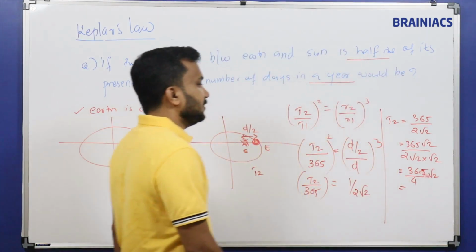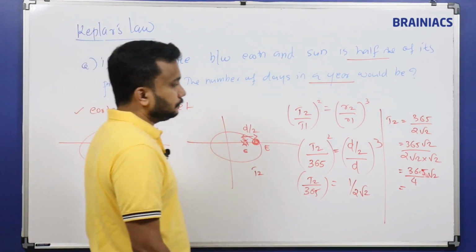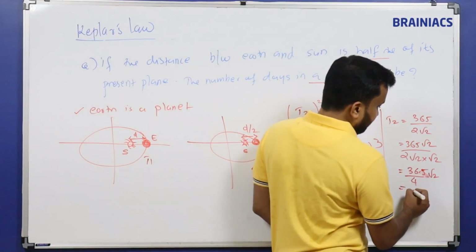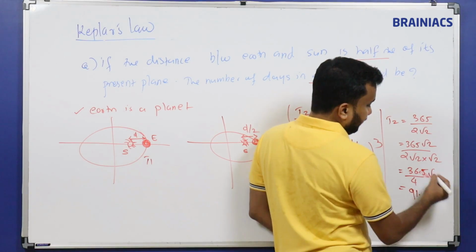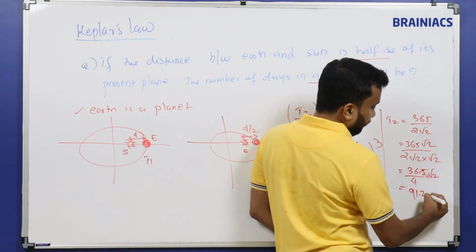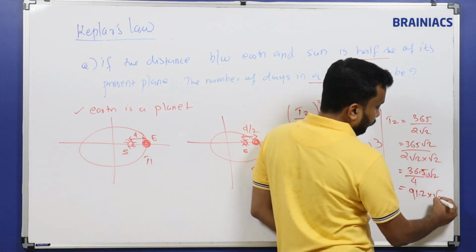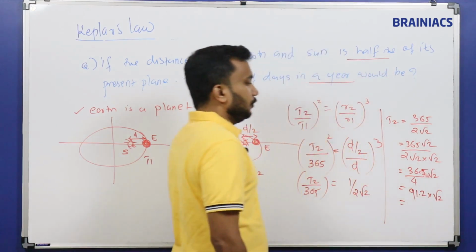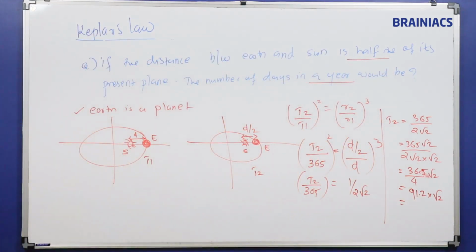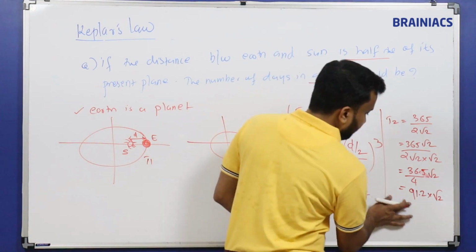How much will it come? 365 divided by 4. 4, 36 and 9, 1, 10, 2 times. 91.2 into root 2. How much will come? So root 2 is 1.4, right? Root 2 is 1.4. So 91 into root 2. So I'll simplify over here.